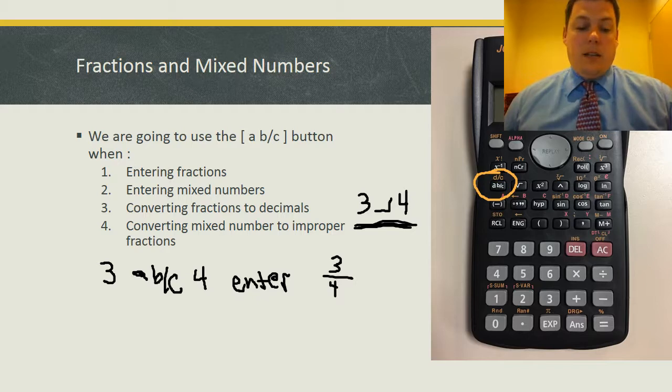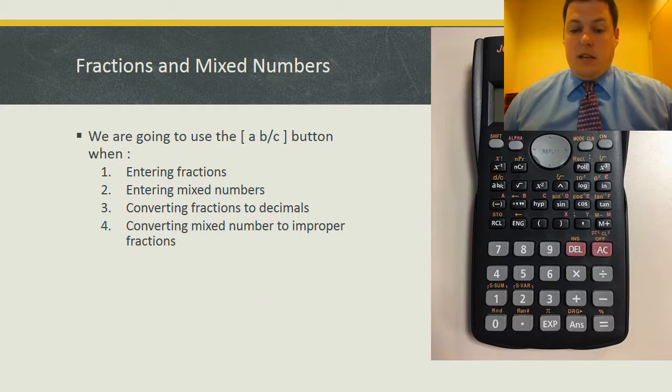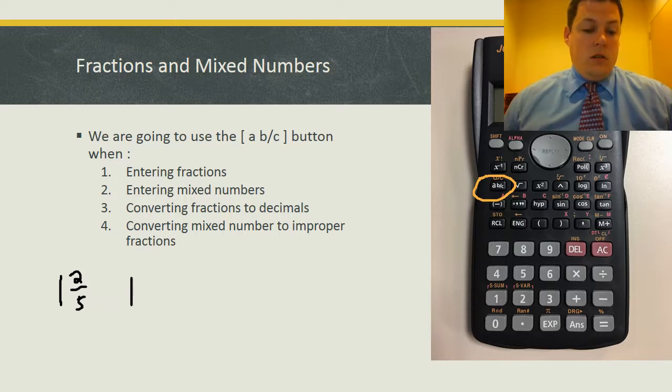If you want to type in a mixed number, you would follow the same process. So let me erase that. Again, we're looking at this button here circled in the yellow. If you were given the mixed number 1 and 2/5, you would type in 1, ABC, 2, ABC again, and then 5, enter.